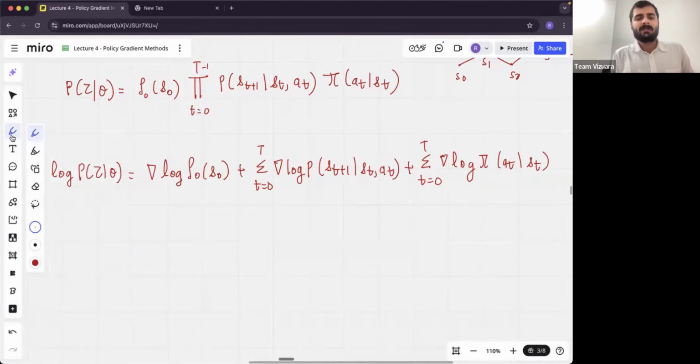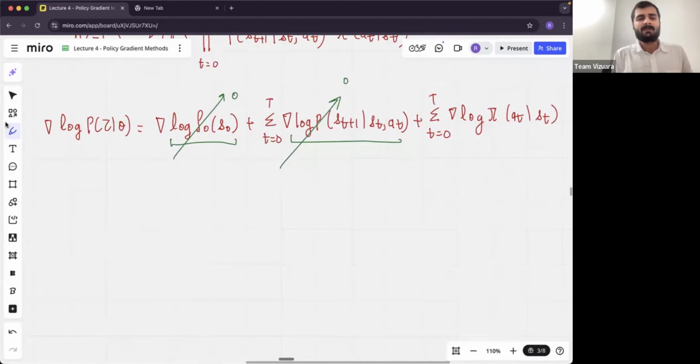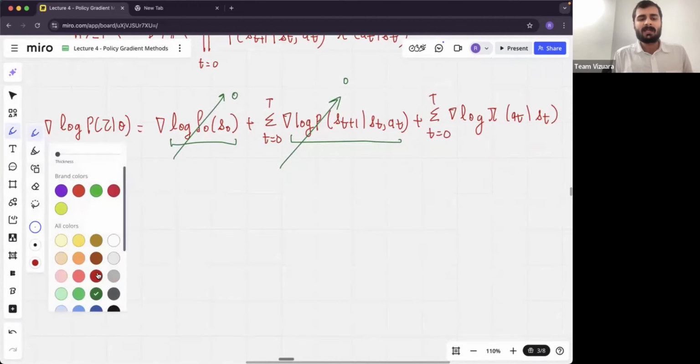Now the best part comes here. This term does not depend on theta. This term also does not depend on theta, because we are simply taking a gradient of probability of st plus 1 given st comma at. There is no theta coming here. So this cancels out. This also cancels out. And we get a very simple expression for the gradient, which looks like this.